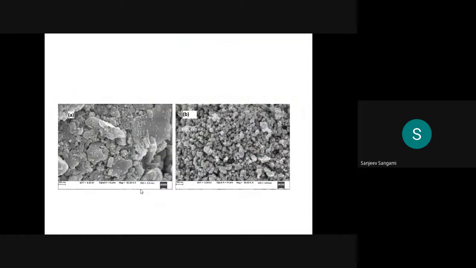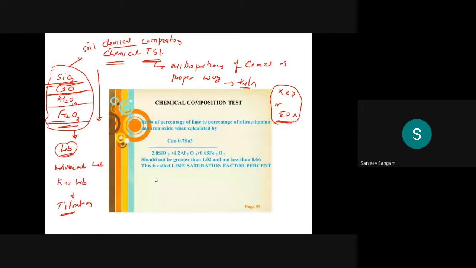In the previous class, we were discussing a very important test, that is the chemical composition test. Normally, our cement consists of silica and calcium oxide, in the form of hydrated as well as unhydrated form.